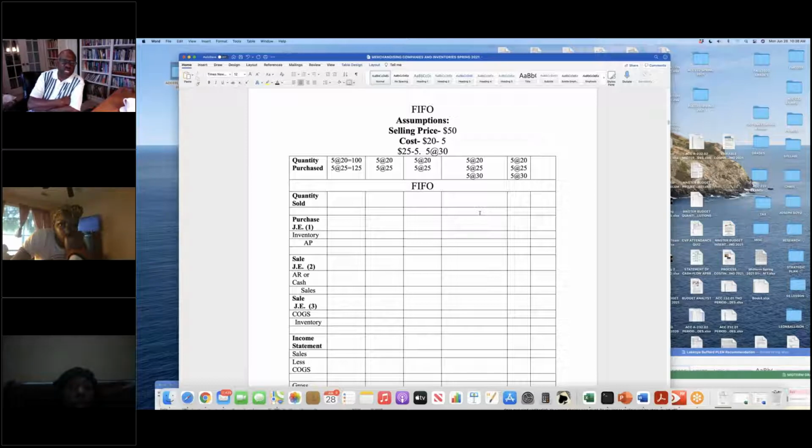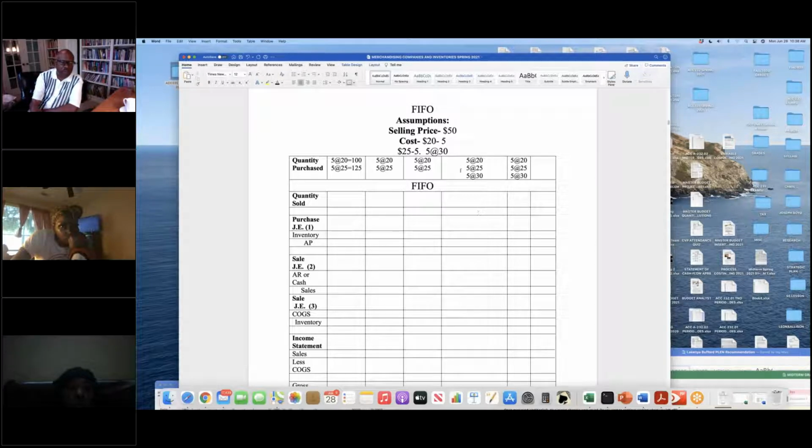So some are at 20, some are at 25, and some are even at 30. Okay? So the shoes are not always coming in at the same price. So that would be nice, but every time you buy something, the price is going to change.